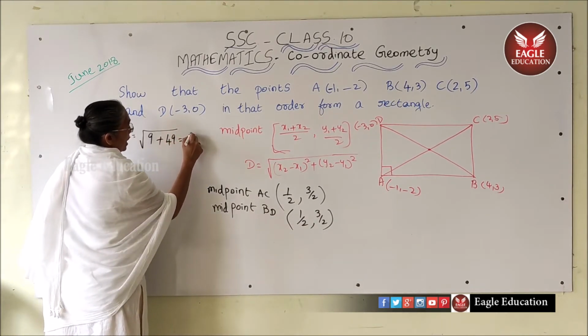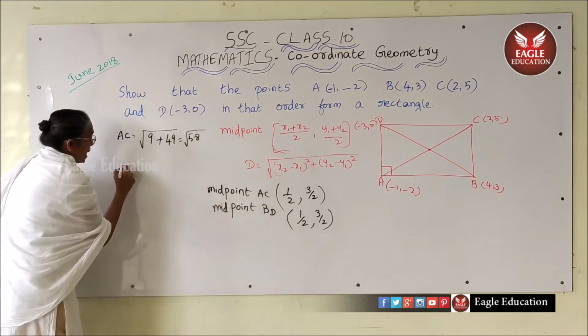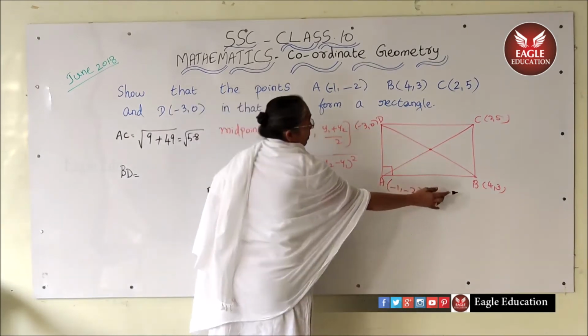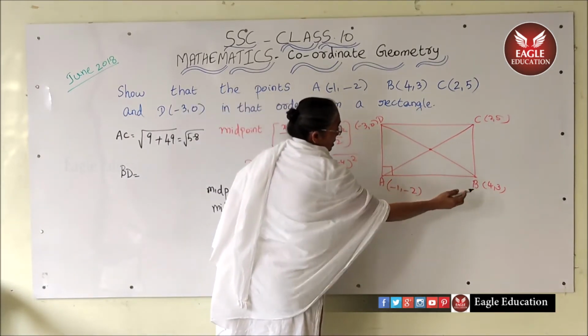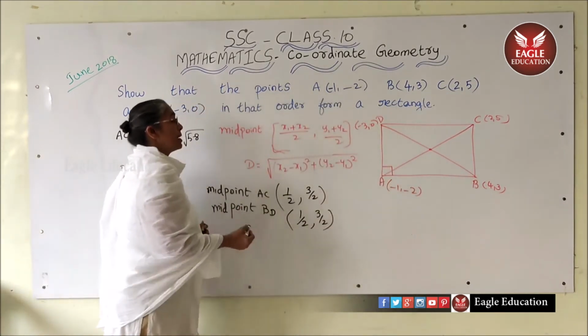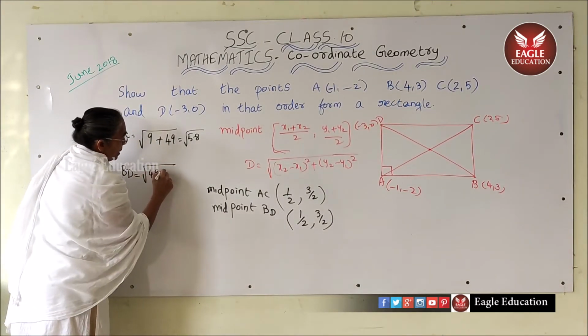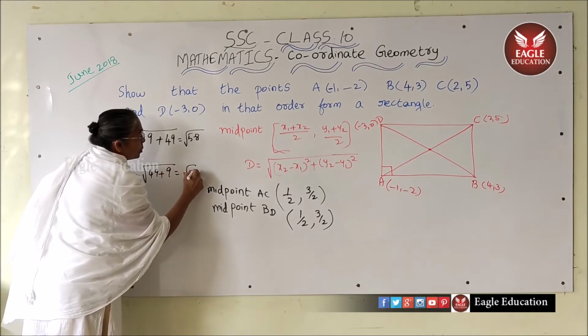So root 49 plus 9, root over 58. Now coming to the length of the diagonal BD, 4 minus of minus 3, 4 plus 3, 7 square, plus 3 minus 0 square is 3 square. So root over 49 plus 9, which is equal to root 58.